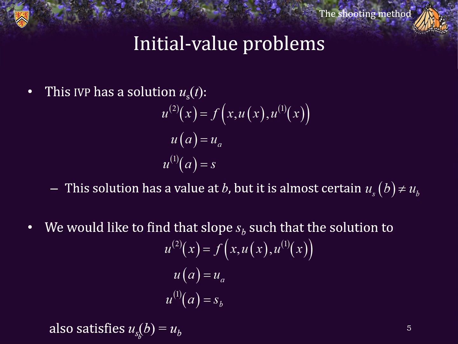Thus, we have a goal. Our goal is to find that initial slope, let's call it s sub b, such that the solution to this particular initial value problem also satisfies the boundary value problem we were trying to solve initially.